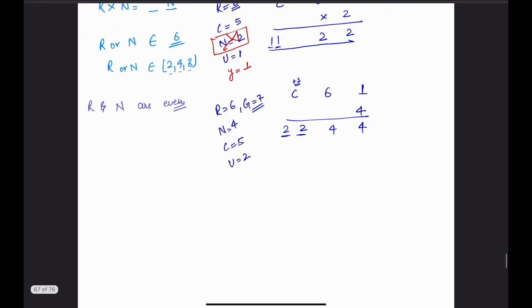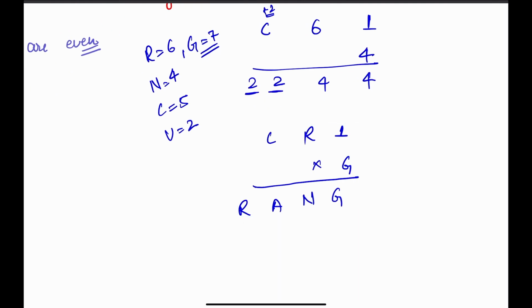Copy, paste. If I replace here, my c is 5, my r is 6, my g is 7. Let's try to find out now.